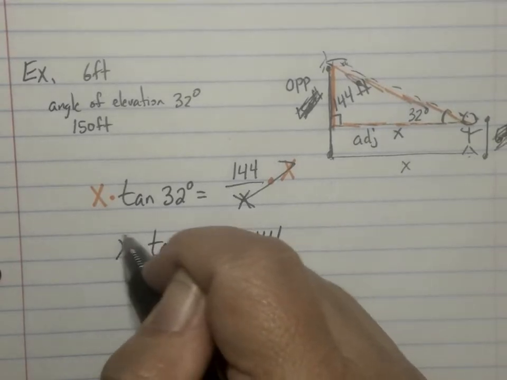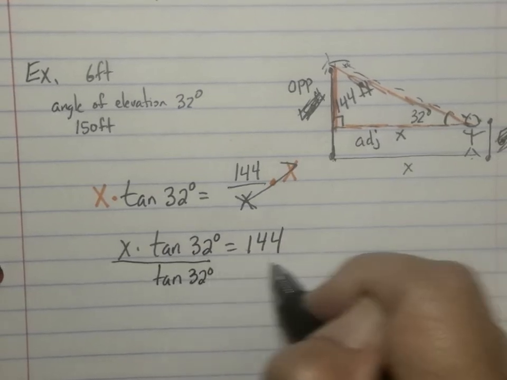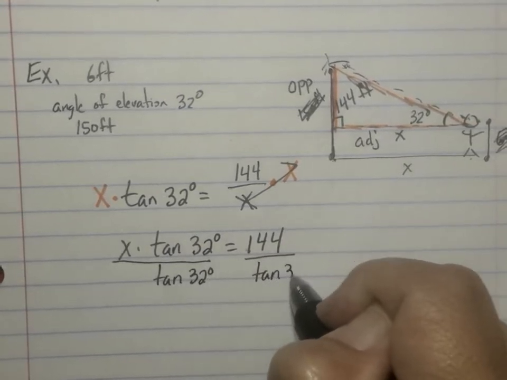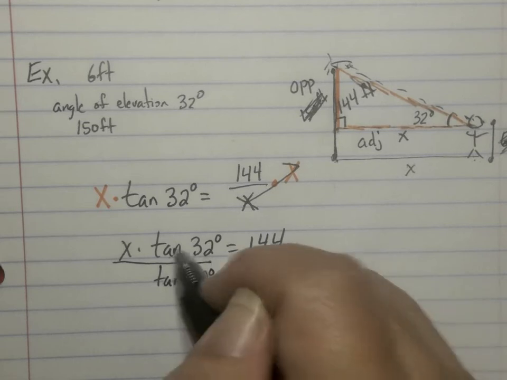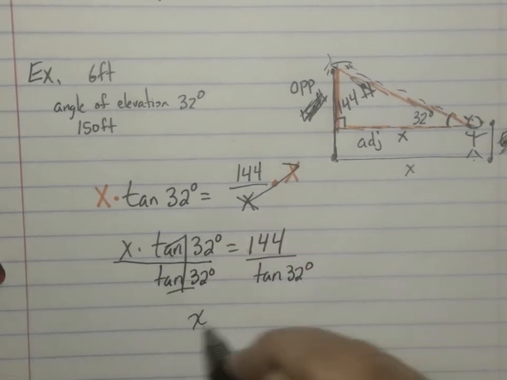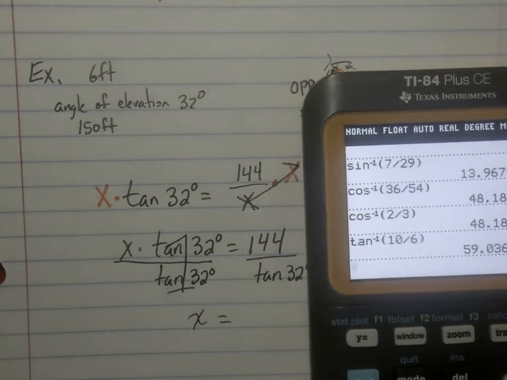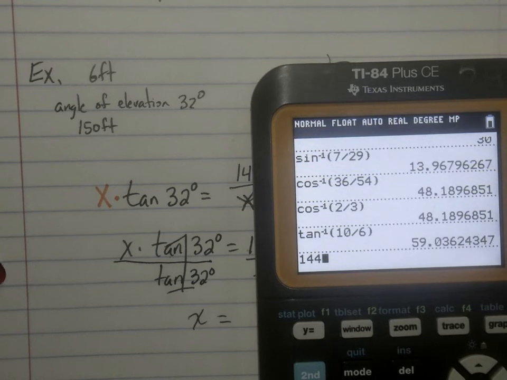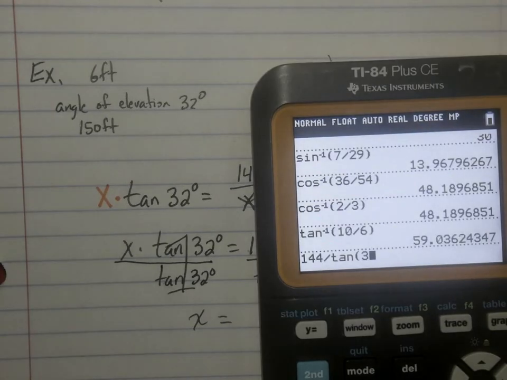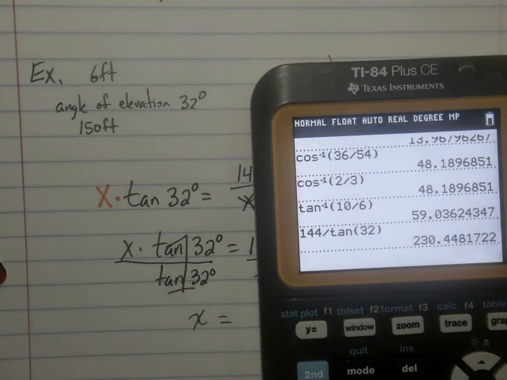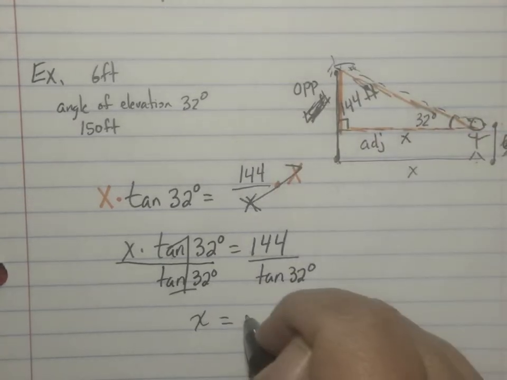Now I want to get X by itself, so I'm going to divide both sides by tangent of 32 degrees. Tangent of 32 divided by tangent of 32 is 1, no matter what it is. And so on my calculator, I'm going to do 144 divided by the tangent of 32 degrees. It's about 230.4 feet.